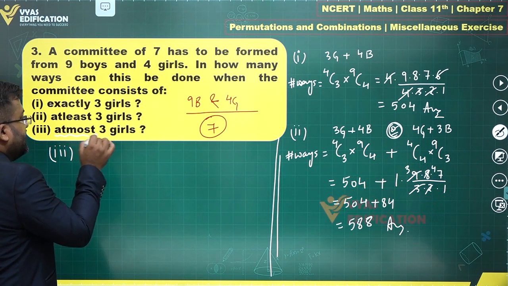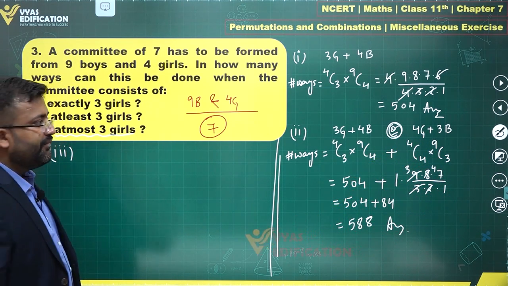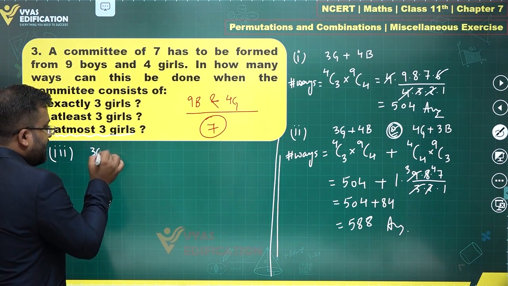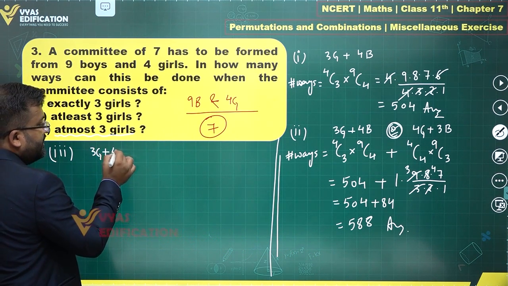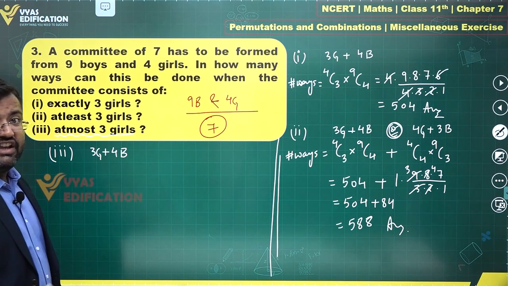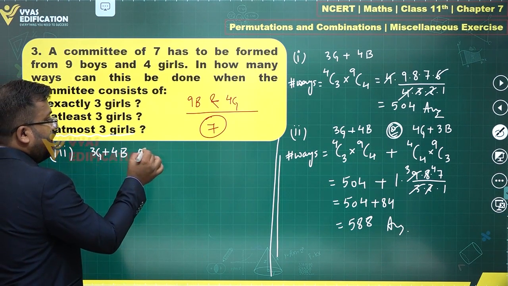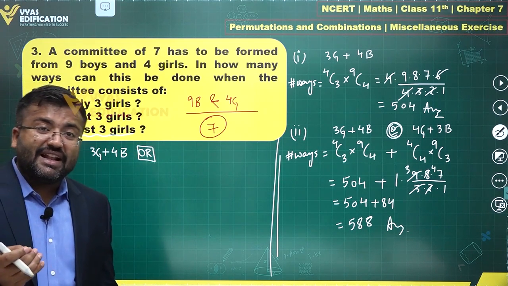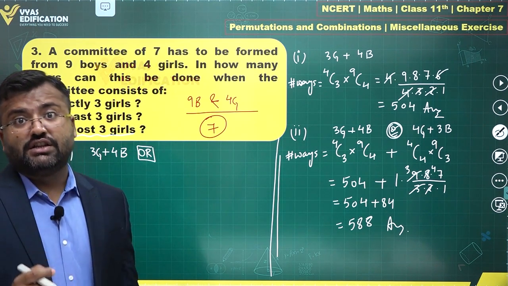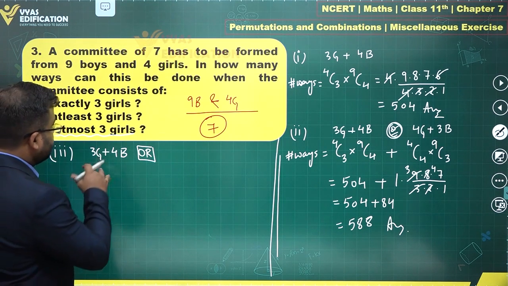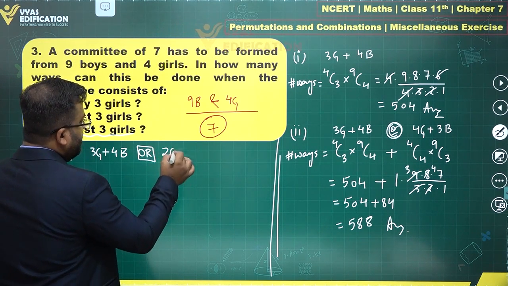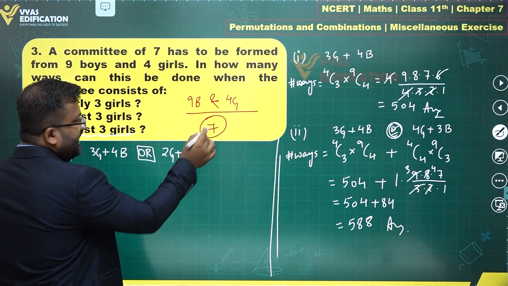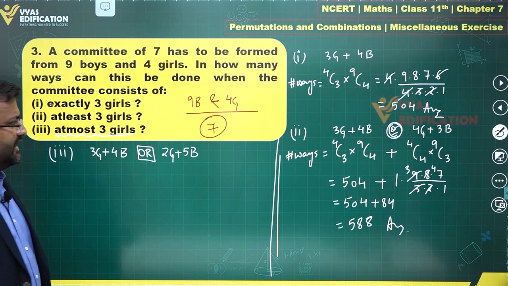At most 3 girls would imply what? That you can select 3 girls plus, for making a committee of 7, you need 4 boys, right? 3 girls and 4 boys. Or, at most 3 would imply that you can select a lesser number of girls, right? So let's select maybe 2 girls plus 5 boys to create a committee of 7. It can be done, yes.